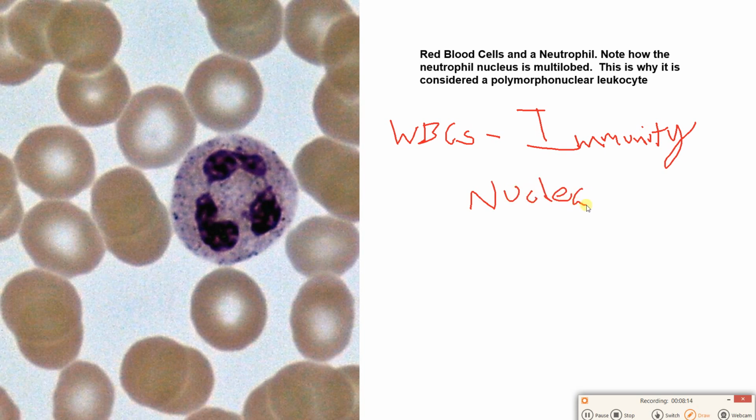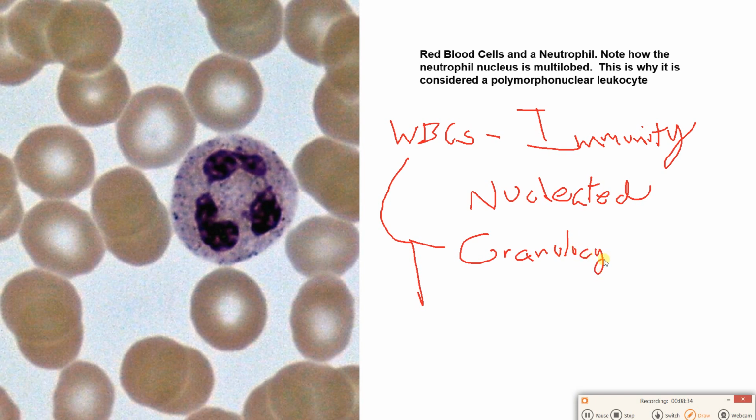So red blood cells had no nucleus. Platelets, by virtue of being fragments, had no nucleus. But white blood cells are all true cells. They're all nucleated. Now there are two big classes. There is a class of white blood cells called the granulocytes.